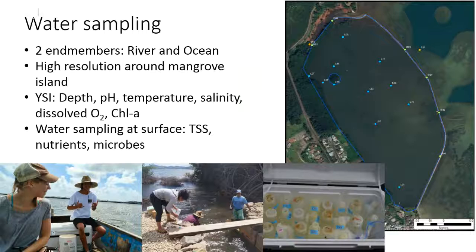There can be some layering, so we wanted to understand how the whole water column looks. And here are some pictures of us collecting water samples. There's Aka, who is also a graduate student in the Department of Oceanography, measuring water with a YSI probe. And these are the water samples that we collected that we then brought back to the lab on the same day to be processed.